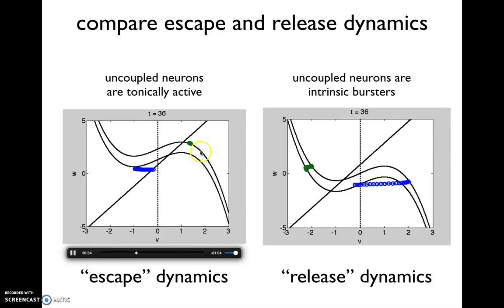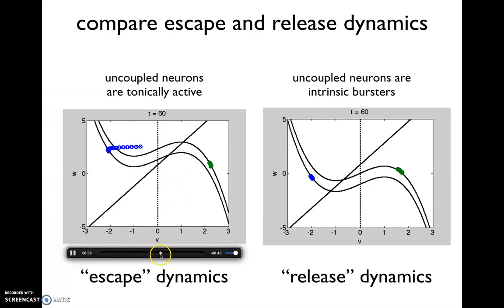Now, the reason why there's two nullclines for voltage is that we need to keep track of whether a particular neuron is receiving inhibition or not. So the lower nullcline is the nullcline that is relevant for a neuron that is receiving inhibition from the other neuron that it's connected to.